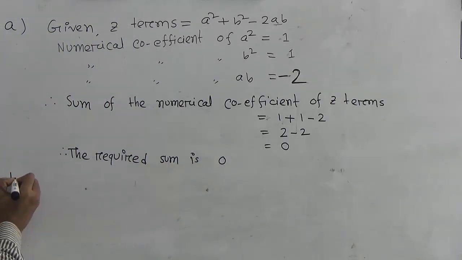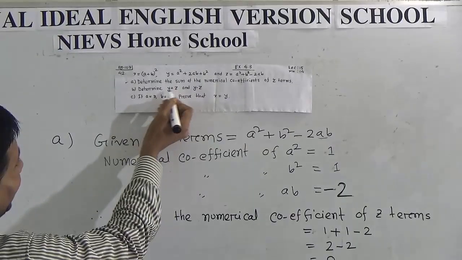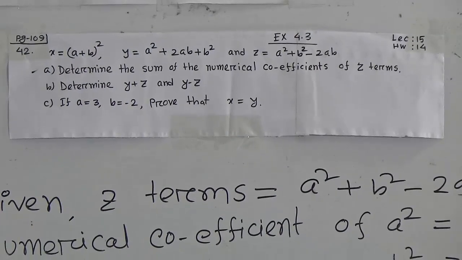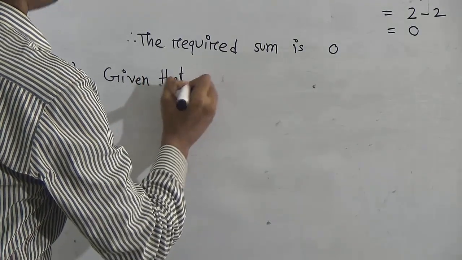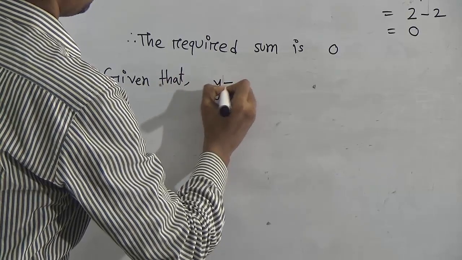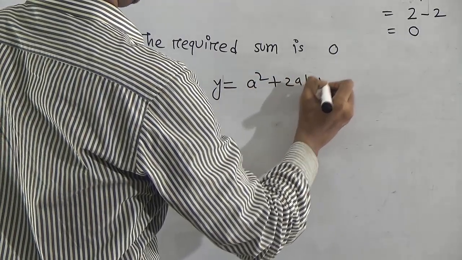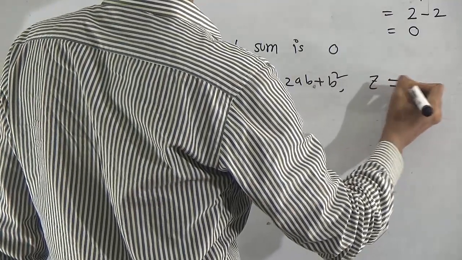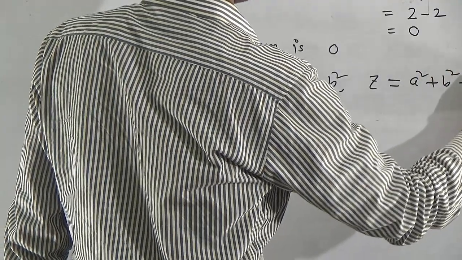Now we want to solve question B. Okay, you see B: determine y plus z and y minus z. That means at first we have to write given that y equals a square plus twice ab plus b square and z equals a square plus b square minus twice ab.